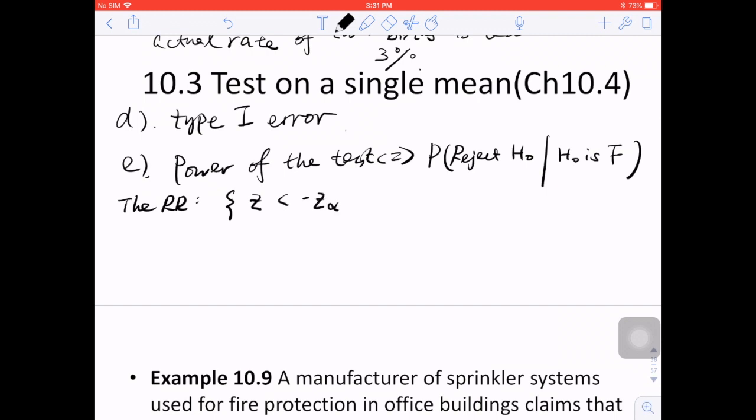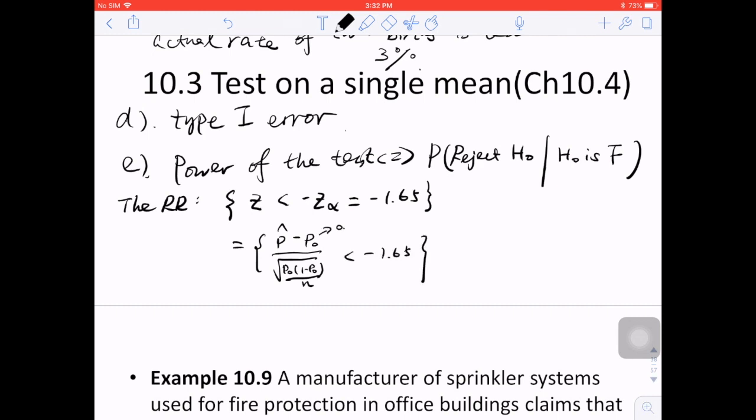So Z should be smaller than negative Z alpha in this problem, is equal to negative 1.65 from the Z table. Okay? So this is equal to P hat minus P0 divided by the square root of P0 times 1 minus P0 divided by N, okay, smaller than negative 1.65.